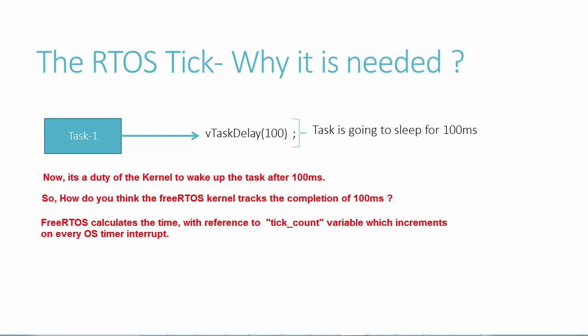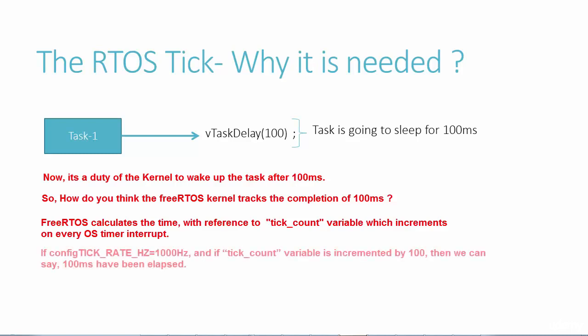You know that the tick count variable increments for every kernel tick interrupt, isn't it? So if the tick rate hertz value is 1000, then your tick interrupt happens every 1 millisecond. That means the resolution of the tick interrupt is 1 millisecond. So if the tick count variable is incremented by 100, that means 100 milliseconds have elapsed, isn't it?